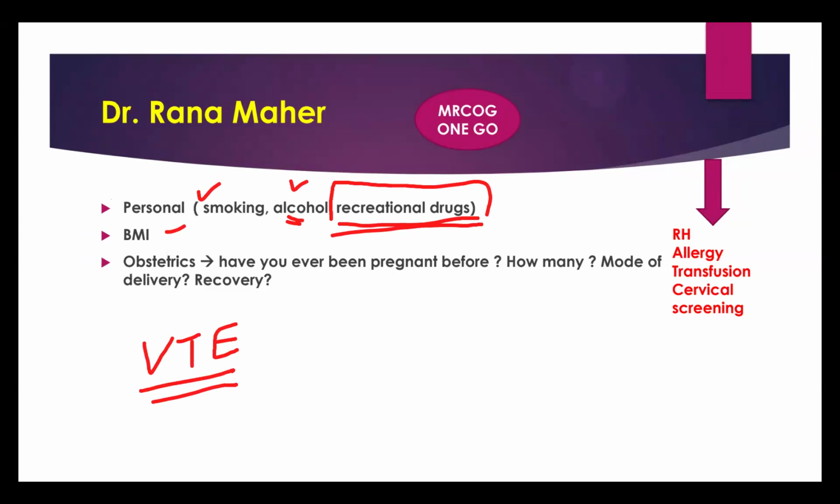The obstetric history, it's important to know if this patient was pregnant before, and what about the outcome of this pregnancy, what about the mode of the delivery and the recovery after that. The blood group of the patient, very, very important, and it's a patient safety point here, guys.